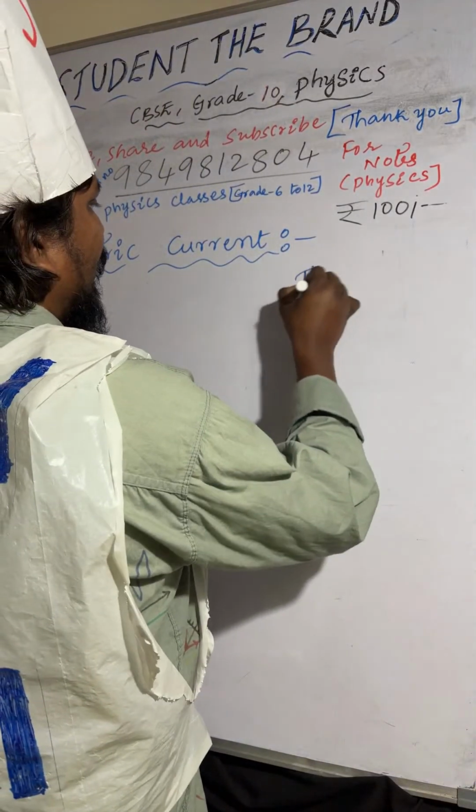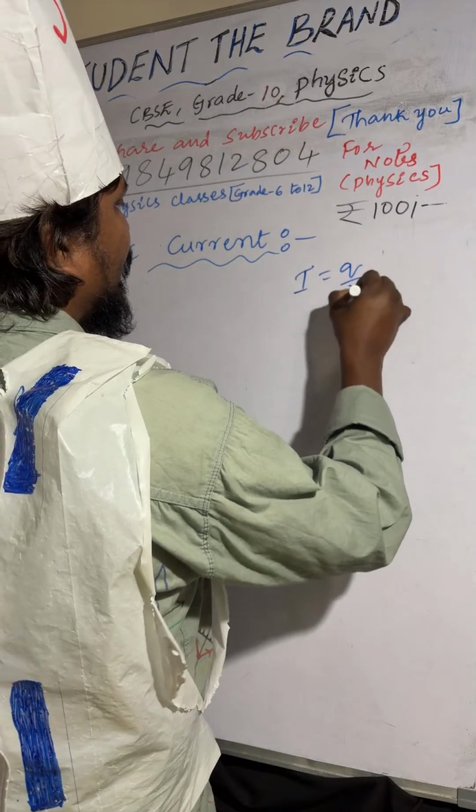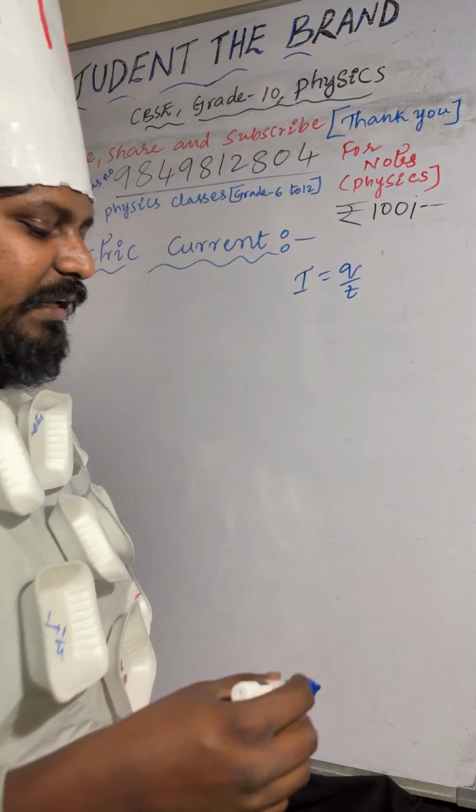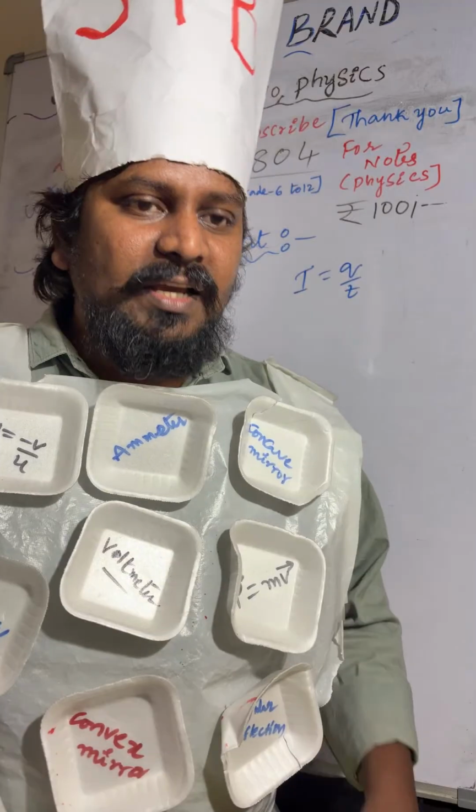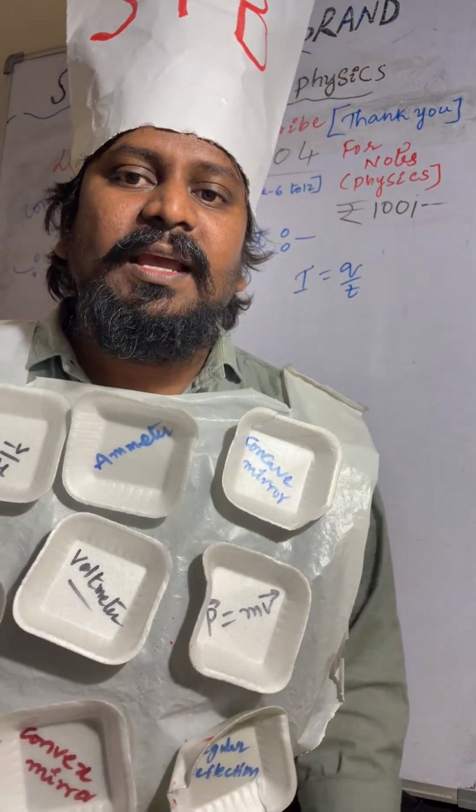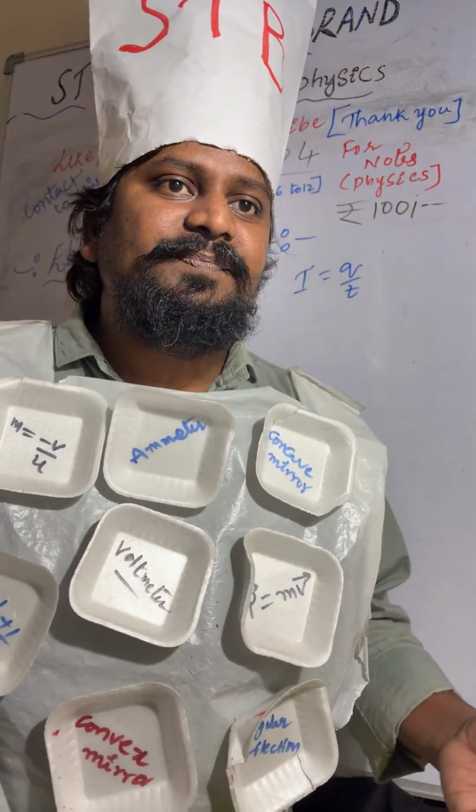So I am taking I equal to Q by T. SI unit of current is ampere. SI unit of charge is coulomb. SI unit of time is second.